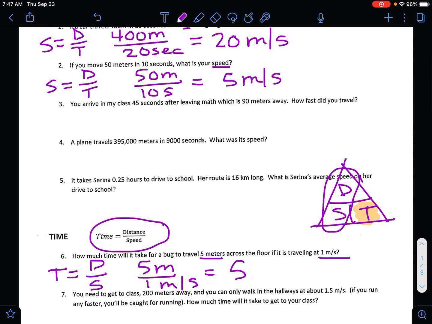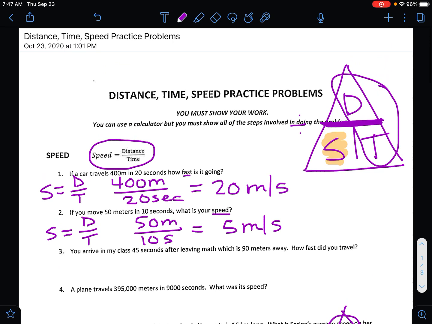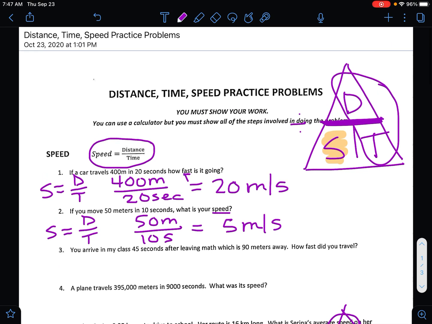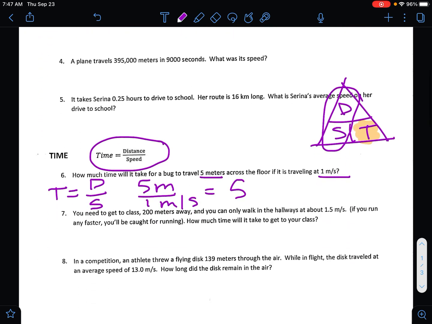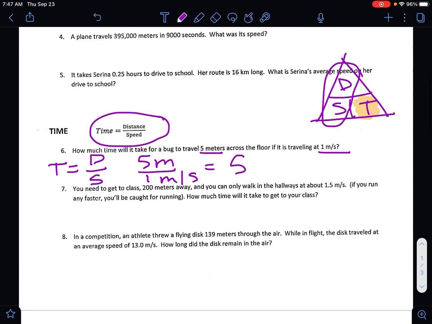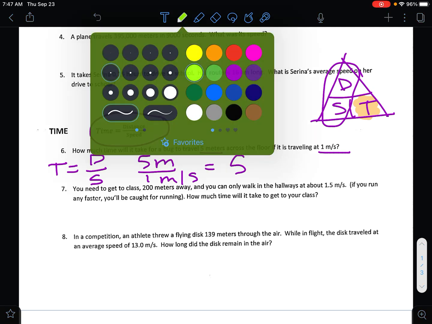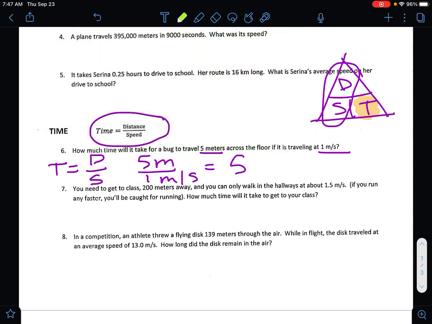All right, so now we're ready for our units. When we were up here with speed, we needed to use both of those units, okay? But let's take a look at what we have here. What we are able to do here is cross out like units. I've got meters up here and meters down here.